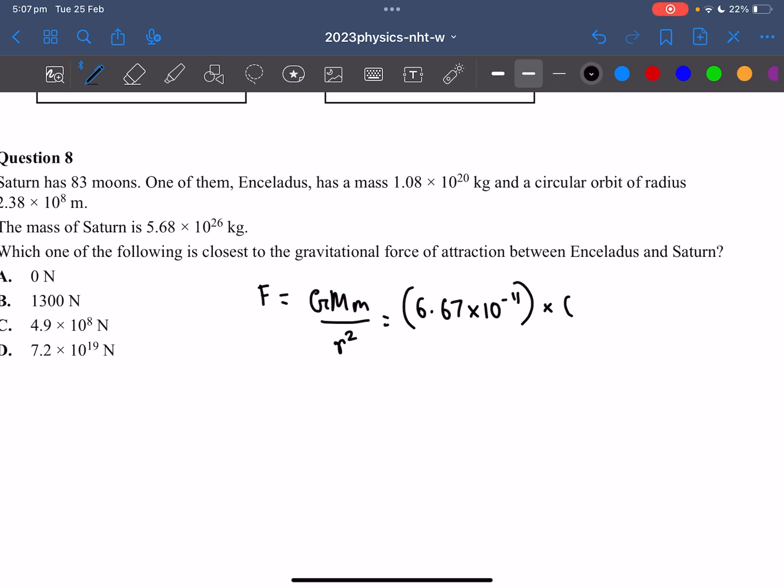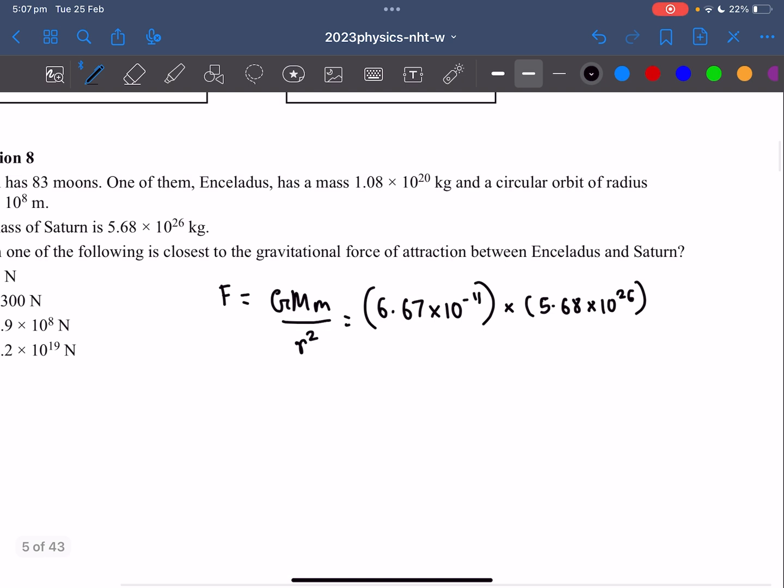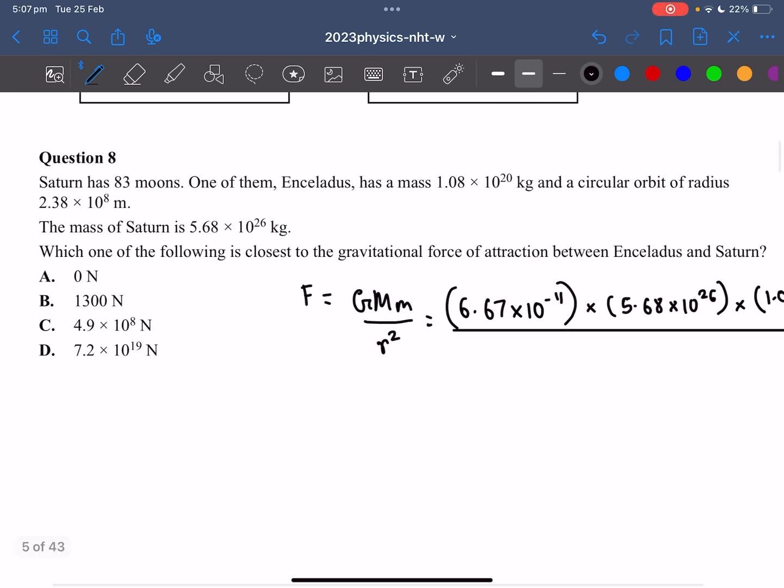Times 5.68 times 10 to the 26. And then times the mass of the moon itself, so 1.08 times 10 to the 20. And divided by the radius, which is given to be 2.38 times 10 to the 8, squared.